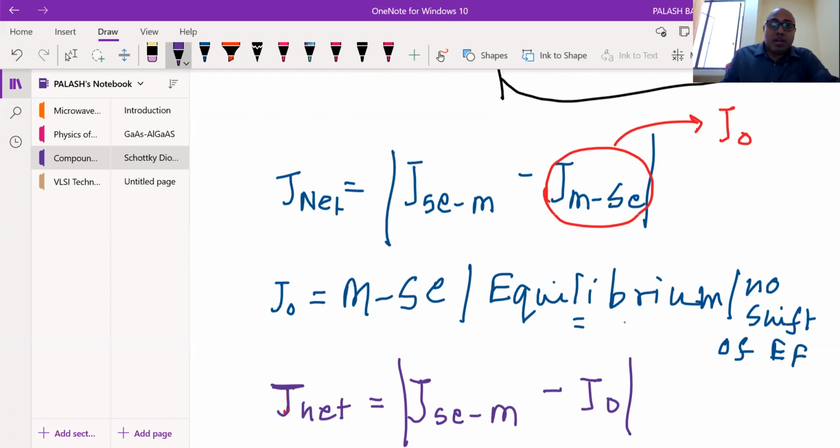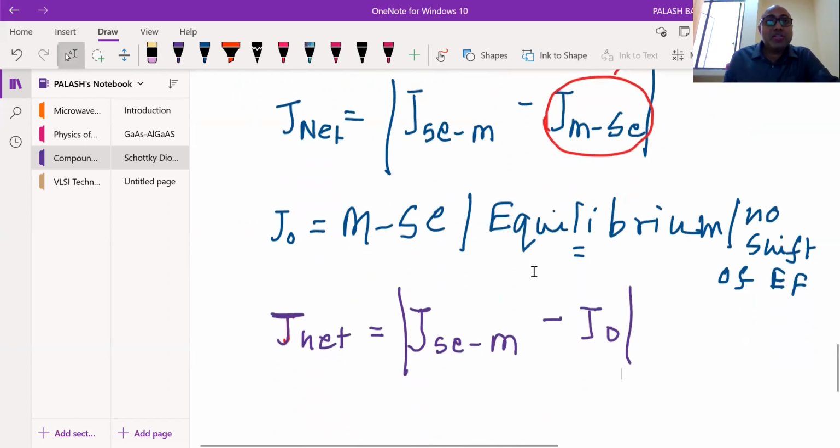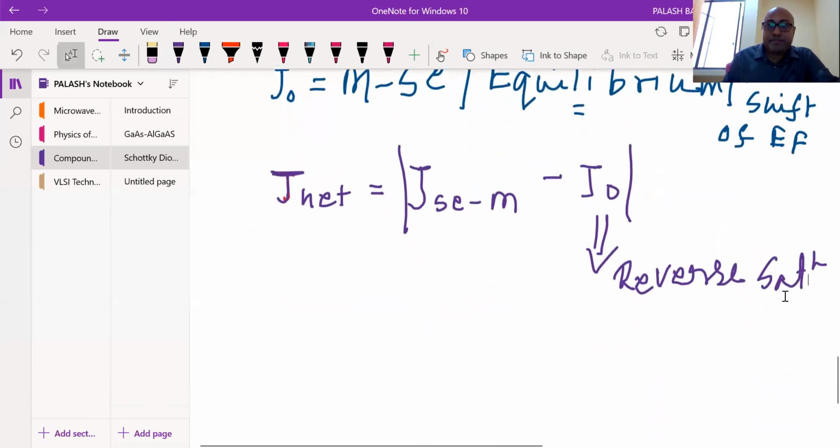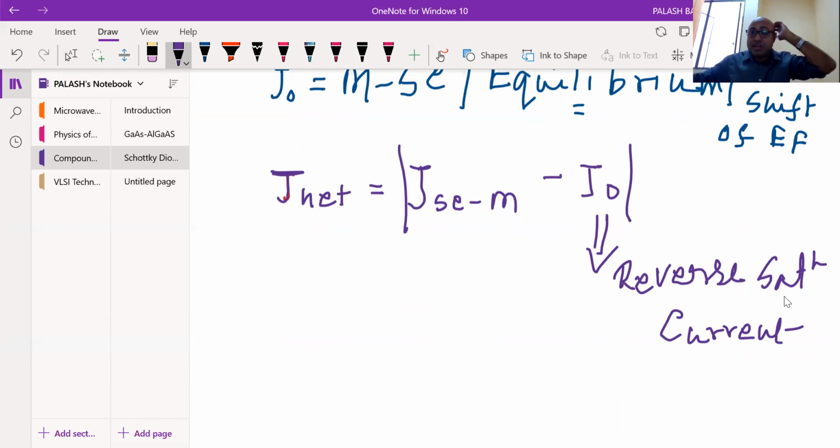Right? Now look at that. J0 has another name: reverse saturation current. Why? That I am going to discuss. One thing is clear, J0 is the same.